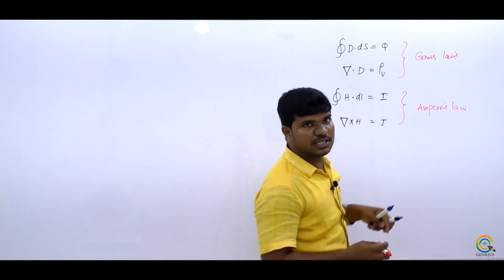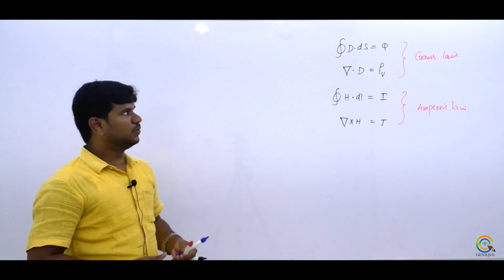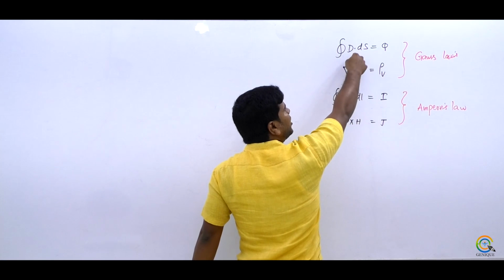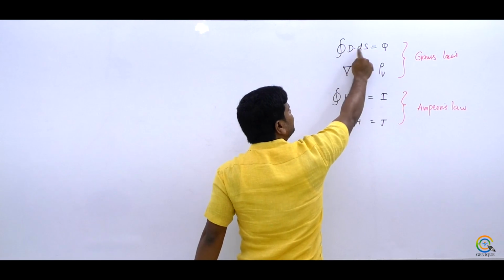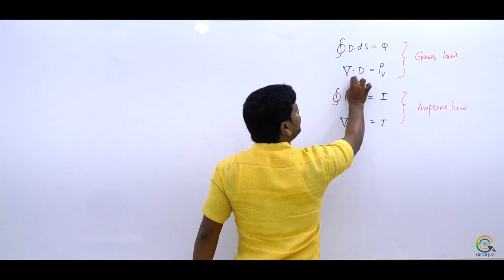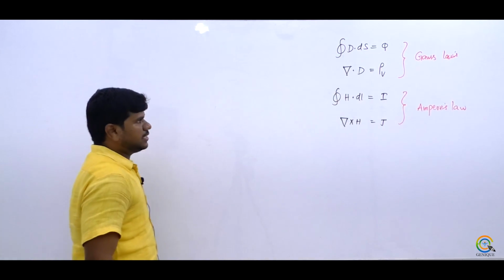What is the meaning of the first integral? Closed integral D dot dS is equal to Q is nothing but the net outflow, the net flux coming out of any closed surface, which is equal to the total charge enclosed in the volume. Then the divergence of the electric flux density is equal to the volume charge density.